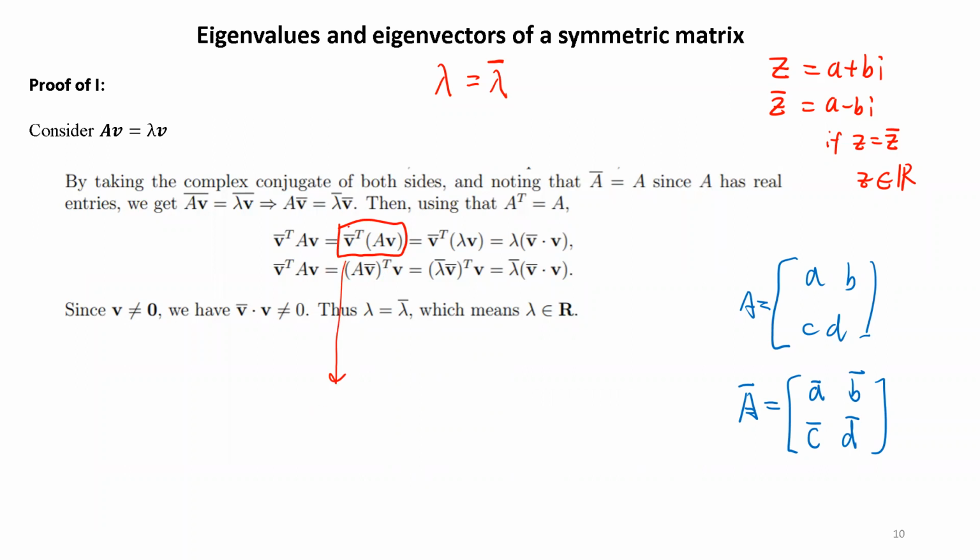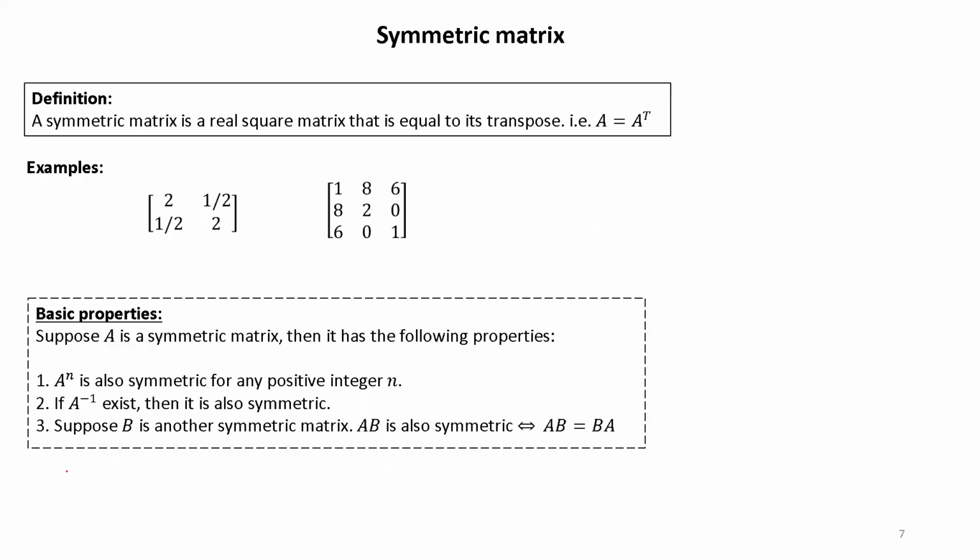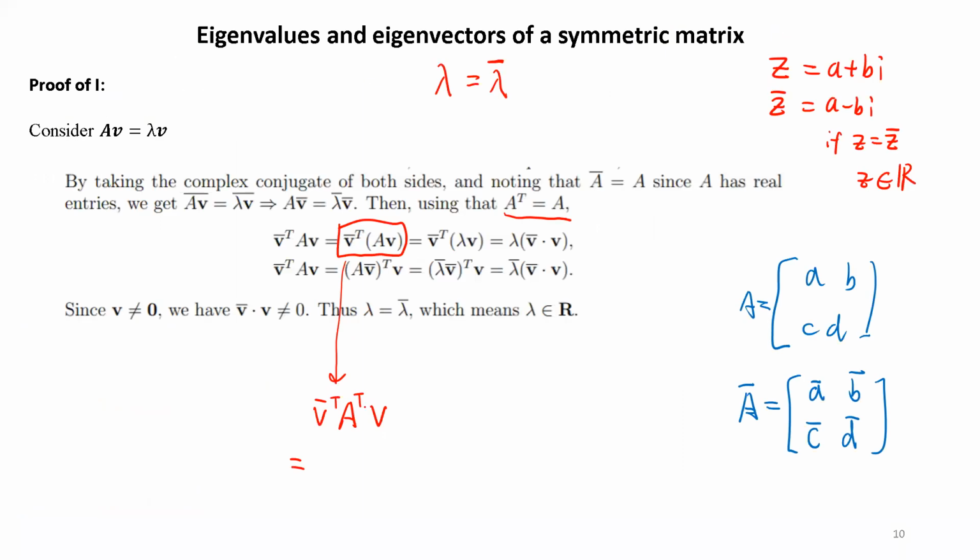This one is written like this, and using the fact that A is a symmetric matrix, this step can be written as V bar transpose A transpose V. Then remember the basic property for transpose: B transpose A transpose equals (AB) transpose. So V bar transpose A transpose equals the product of A and V bar, together transposed, times V. And this is how we get to this step.